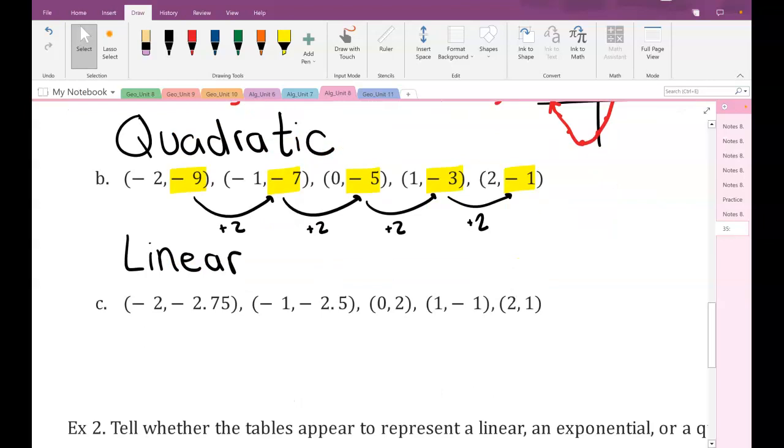All right, so for example C now, we look at our y values, and we don't have a constant rate of change when we add, because here we would add 0.25, here we would add 4.5, here we're taking away 2, here we're adding 2, so we don't have a constant pattern that's linear.